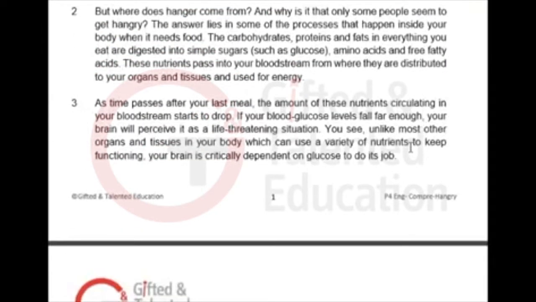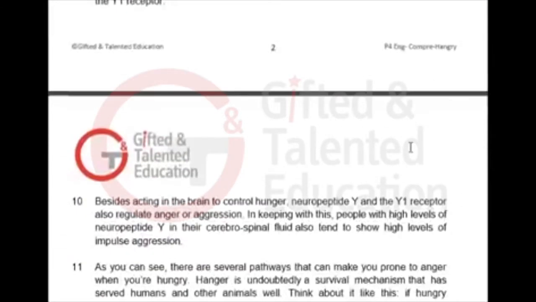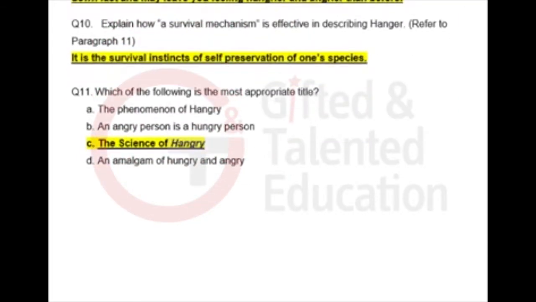The scientific explanation, the science that's happening in our bodies. So therefore, for this question, the most appropriate title for this comprehension is The Science of Hangry. Moving on.